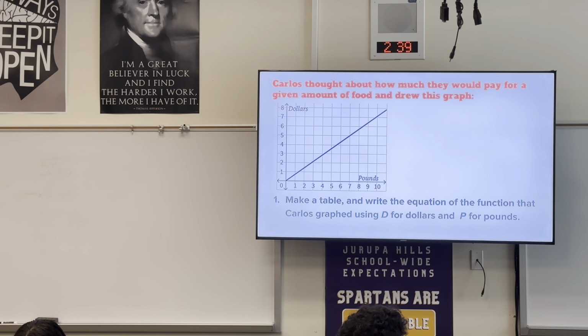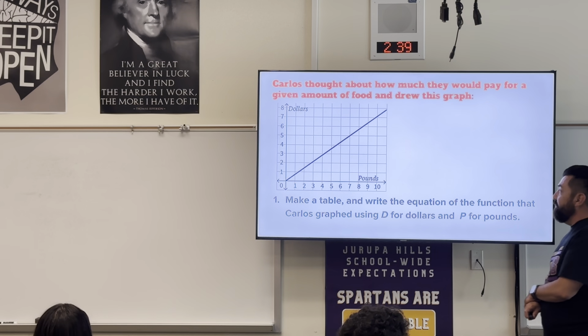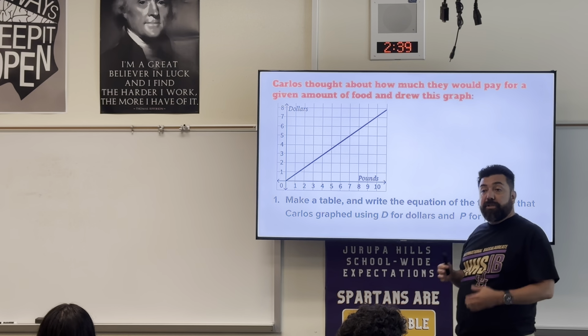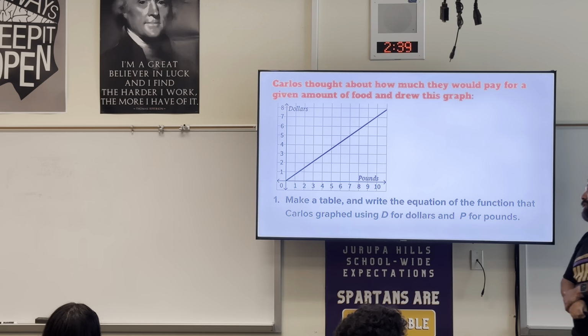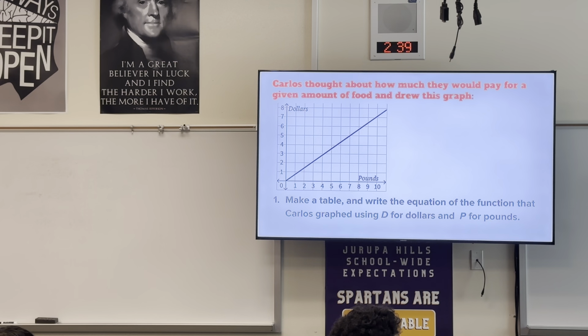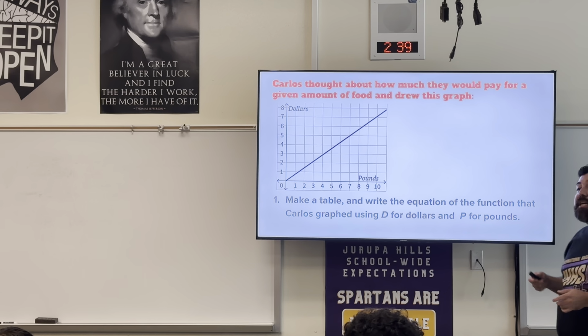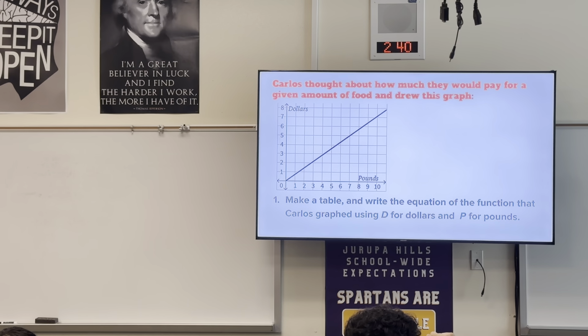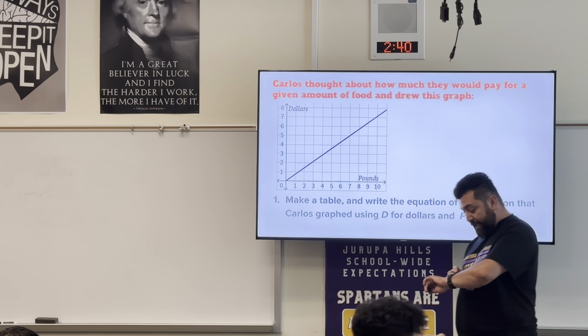Carlos graphs using D for dollars and P for pounds, so you can use those variables in your equation. So I'm going to give you guys 5 minutes. Create a table according to the graph that you see, and write an equation. As soon as you're done doing both, talk to your neighbor, see if they got the same thing that you got. Okay, 5 minutes.